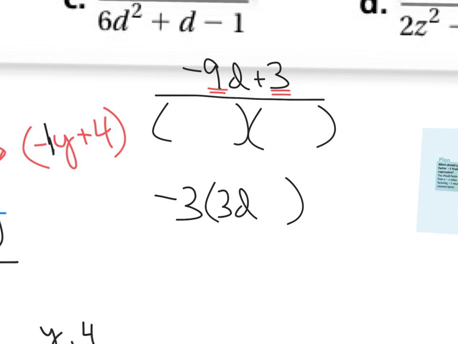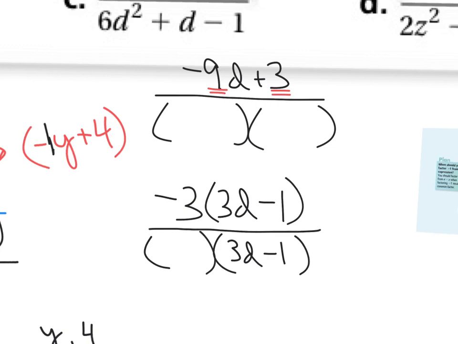times 3d would give us -9d, and then -3 times -1 would give us a +3. And then that leads me to believe that I'm probably going to have a 3d minus 1 factor as one of my factors in the denominator.